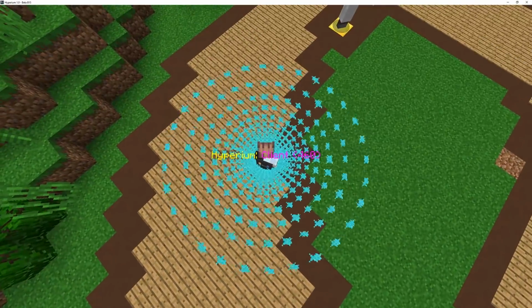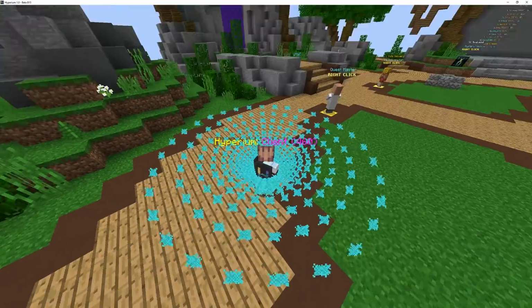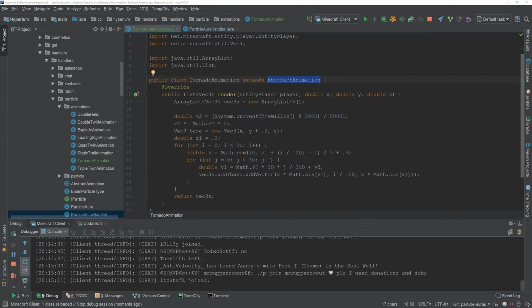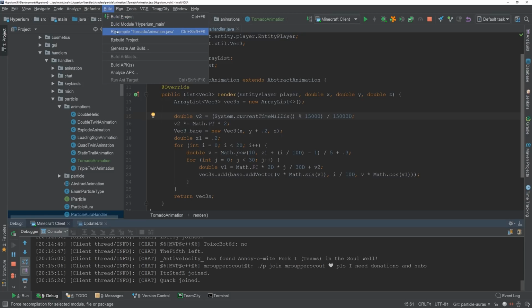Alright, but now the thing is, this is rotating equally. We need to make it so that the center rotates faster, because that's kind of how angular momentum works. Think about angular momentum in a storm. It's one of the reasons why tornadoes spin fast. We're actually gonna need this to be way slower, like 15 seconds, because it speeds up a lot at the center.